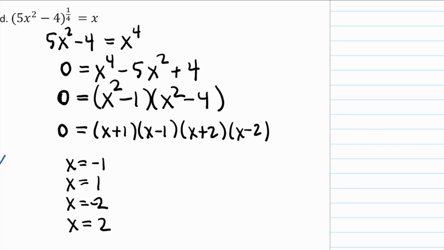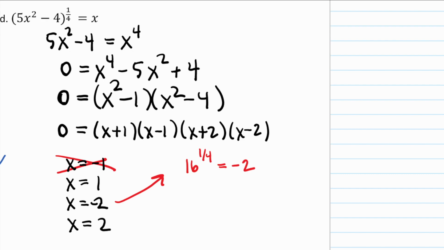Okay, so I've got these potential solutions, x equals -1. 5 times -1 squared would be 5, minus 4 is 1, to the 1/4 equals -1. That's not true, so that's an extraneous solution. When I've got x equals 1, I'll have 5 minus 4 is 1 to the 1/4 equals 1. That's true, that's a good solution. x equals -2: 5 times 4 is 20 minus 4 is 16, to the 1/4 power equals -2?